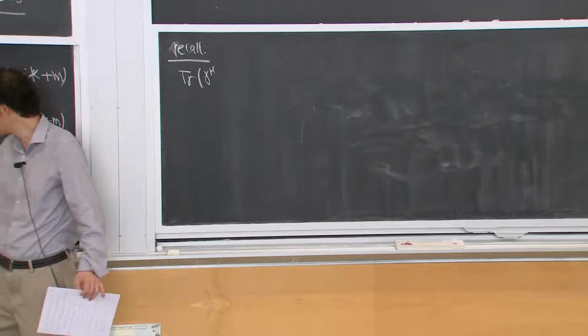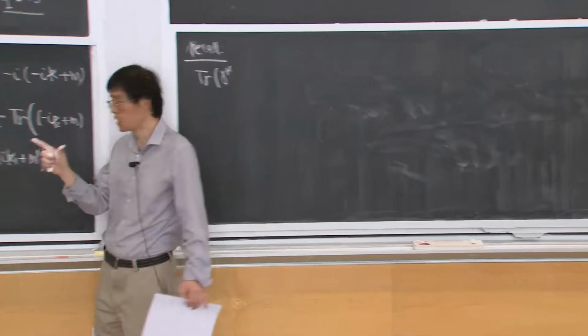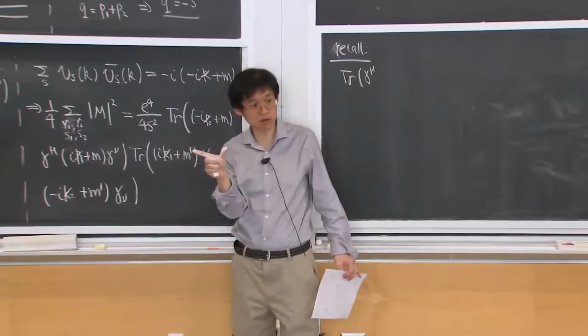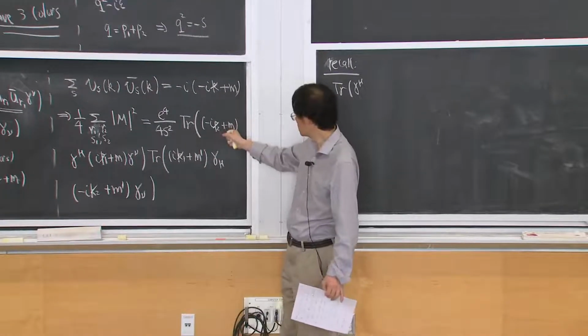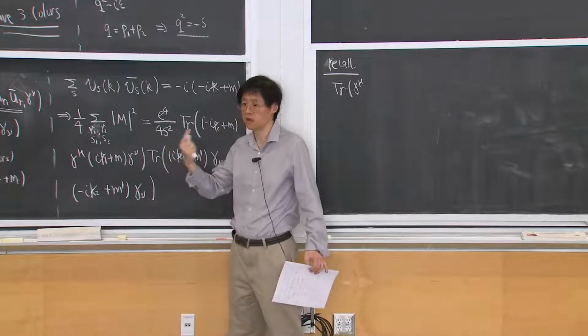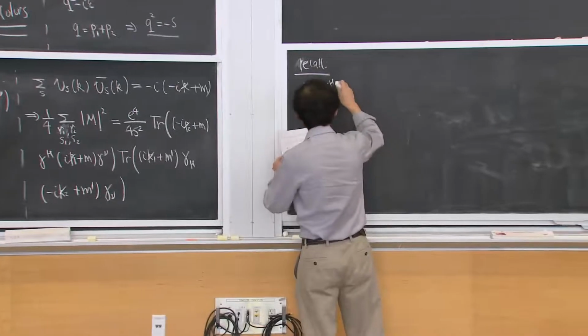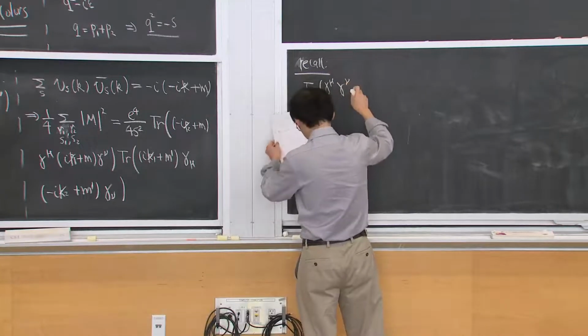And here P slash is a gamma matrix, and there's another gamma matrix. So at most, we can have the product of 4 gamma matrices inside the trace, and depending on the product, we can have 4, 3, and 2. For this purpose, we need to recall those formulas.